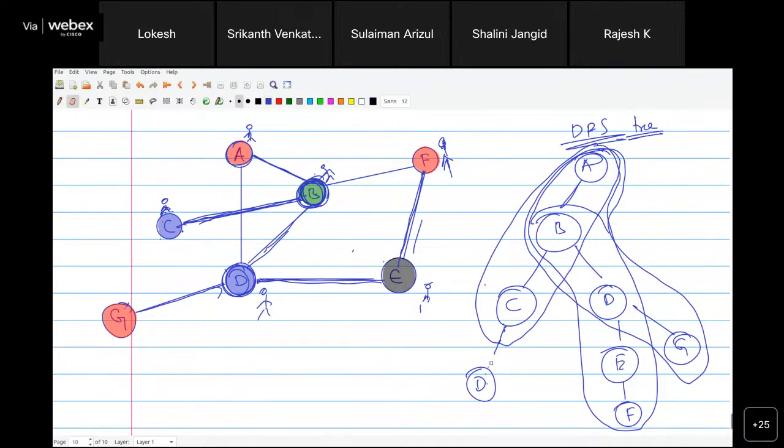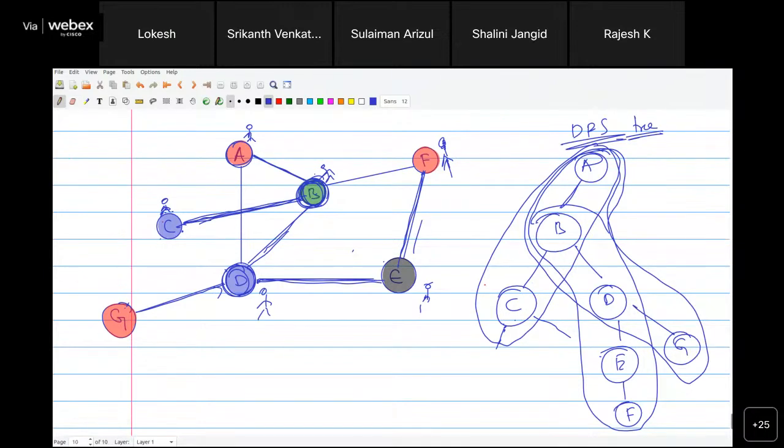So between 2 branch vertices, there will definitely not be an edge. If there is an edge between C and E, then if I start from A, I explore B, I explore C. Why did I come back to B? Because there are no vertices adjacent to C that are unexplored. Then only I will come back, right?